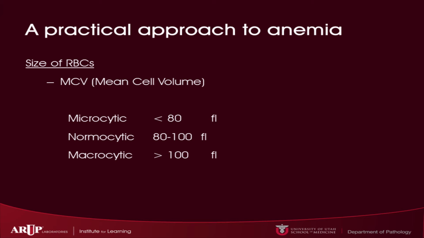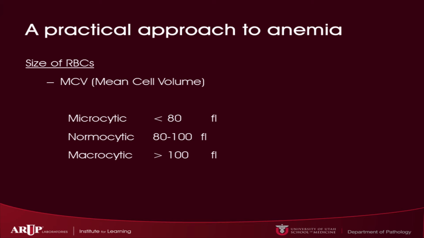It should be somewhat the size of the nucleus of a neutrophil. And if it's smaller than that, then we call it microcytic, but it's just an estimate. It's a very, very subjective parameter.